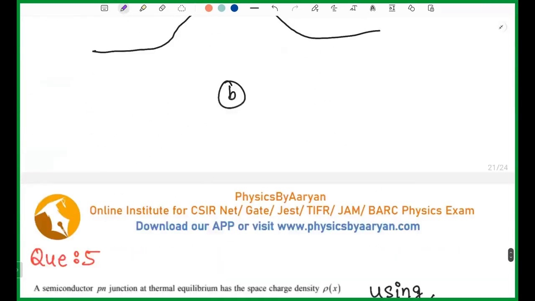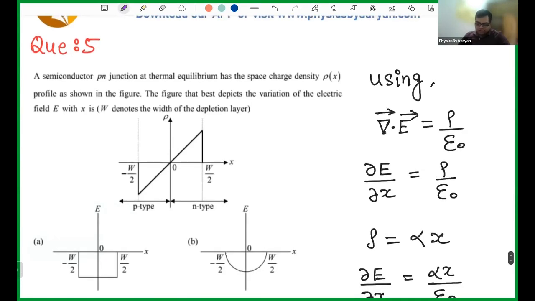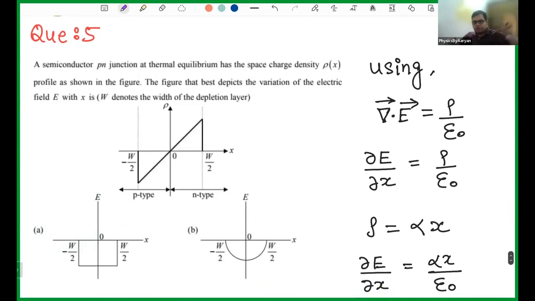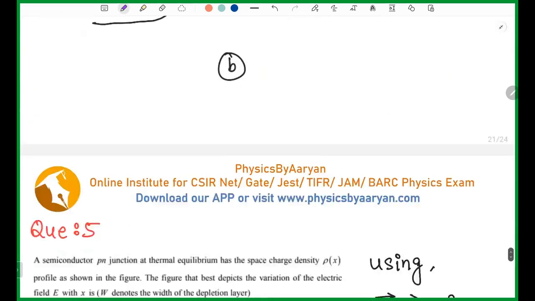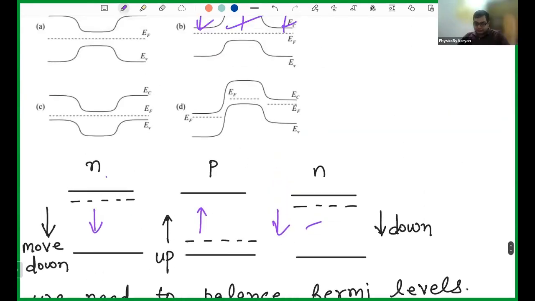Okay. The last problem of today. You have a PN junction diode. Something is given, and rho is given to you. Sir, in the last question, if we apply biasing, the same concept will be applied, no? Yes.